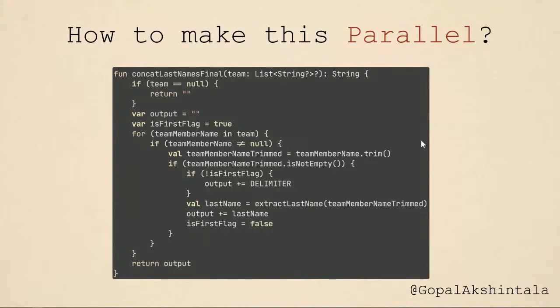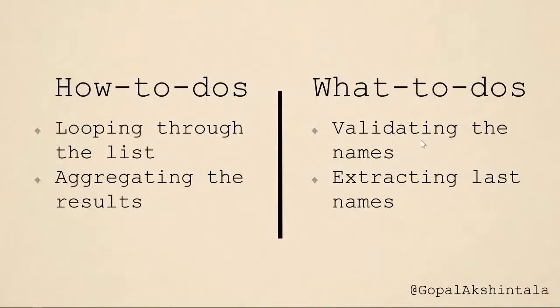And it's so difficult to push such code into production because there are a lot of cases and scenarios that you have to keep in mind. But the actual problem here is not the syntax, not just the imperative syntax, but the mixing of how-to's and what-to's. The how-to's here are looping through the list and aggregating the results, and the what-to's are validating the names and extracting the last name.